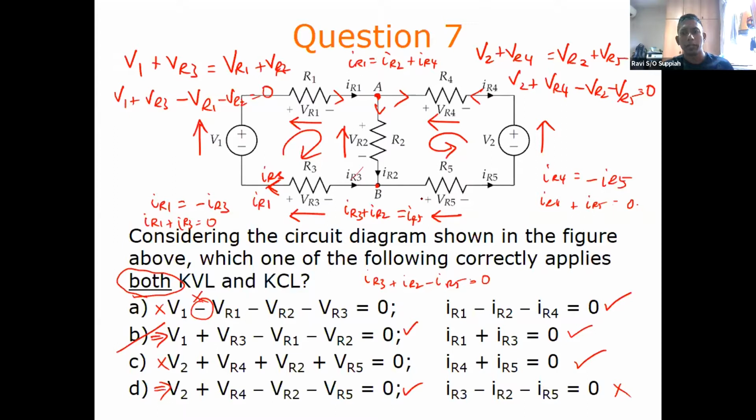So what I'm trying to tell you is you can make any assumption. These assumptions that we have made are random assumptions because we do not know the actual directions. So you can also make your own assumption. For example, I can say that IR4 is in this direction, and then I can also say IR4 and IR5 are the same.